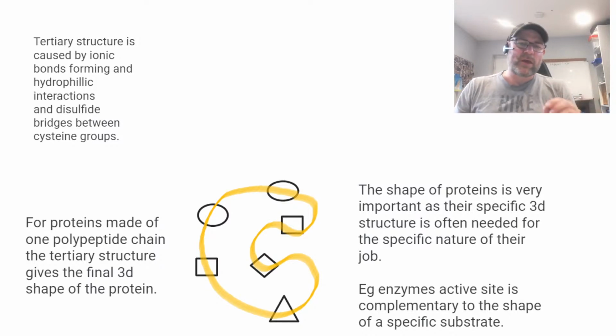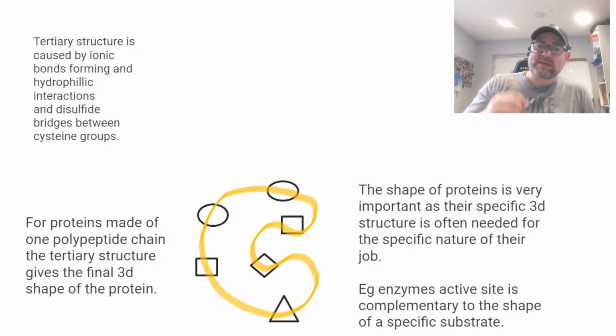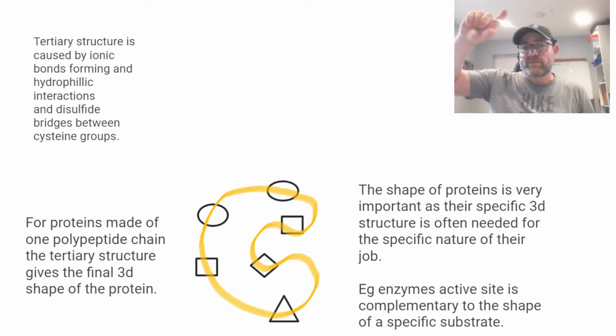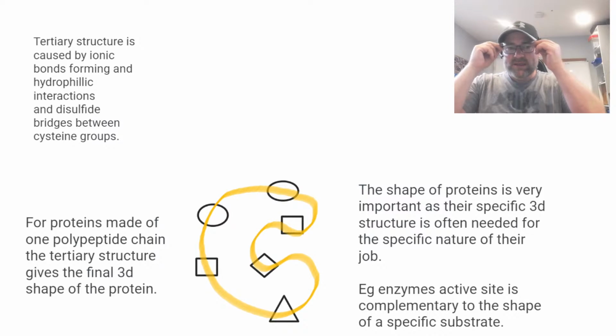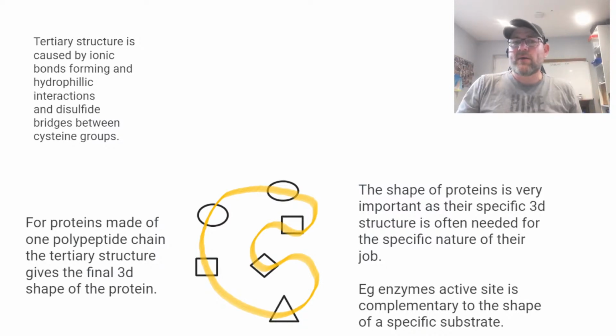And there's even something called disulfide bridges, which are covalent bonds that form between cysteine groups. Cysteine groups are R groups that contain sulfur atoms. So occasionally, some amino acids have sulfur atoms in them on their R side chain.